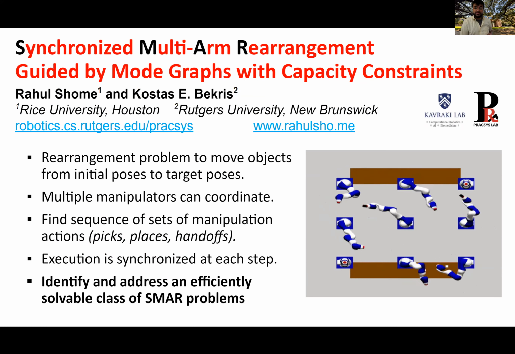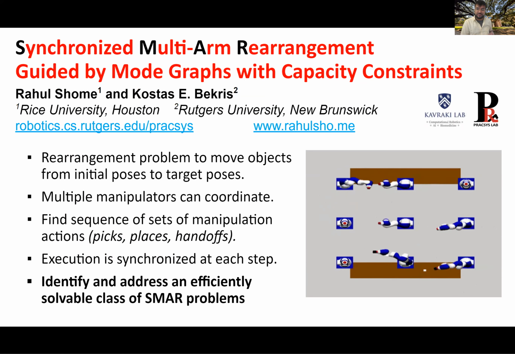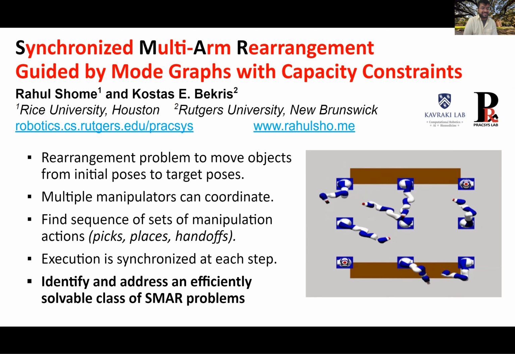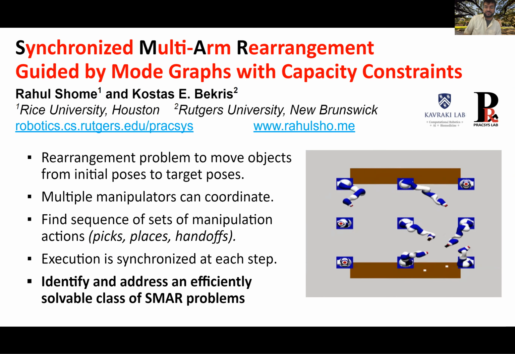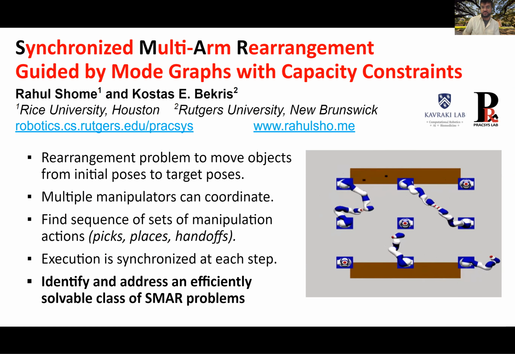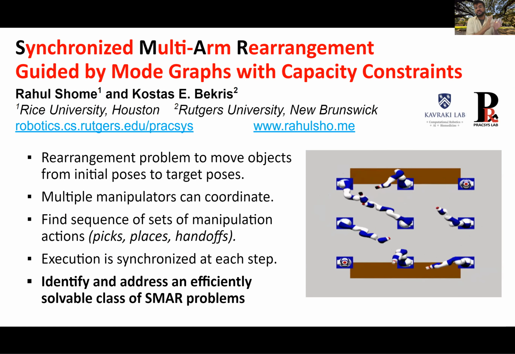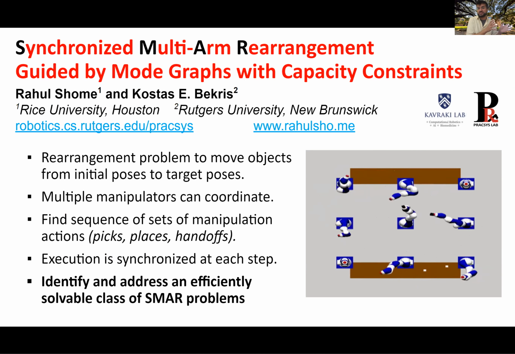And the problem here, you see this army of what looks like squiggly arms moving in a scene, right? So it's a problem of object rearrangement. What happens when you have multiple manipulators available to you to affect the change of object poses from the initial locations to a set of target locations?